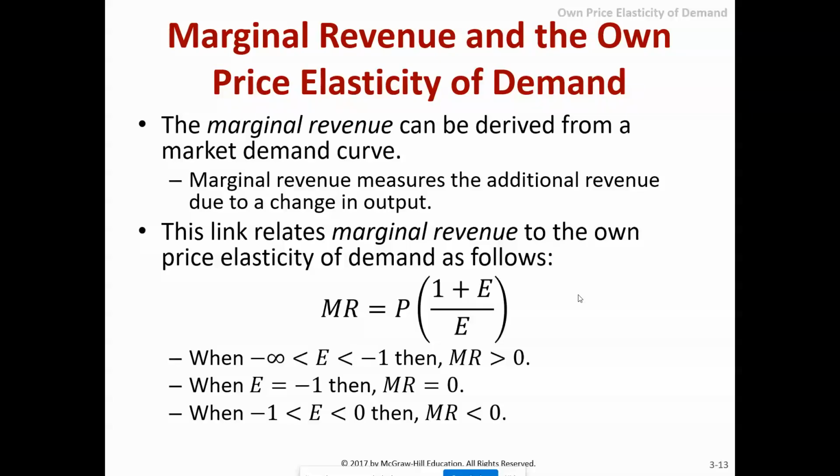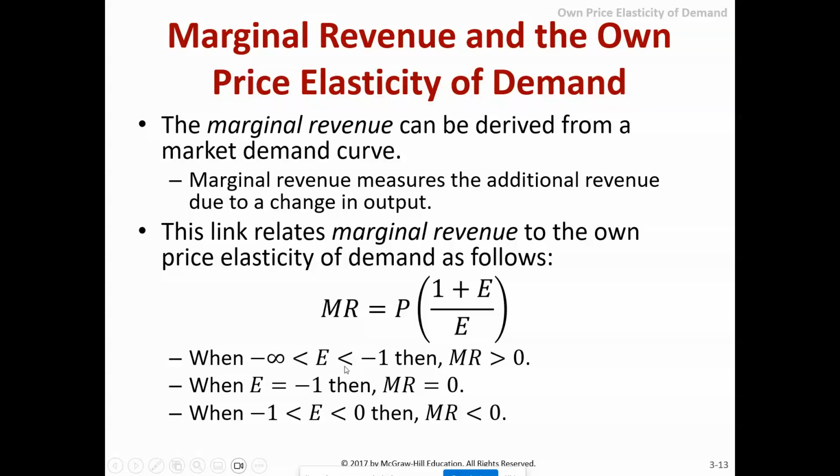And the relationship between marginal revenue and own price elasticity of demand is as follows. Marginal revenue equals price multiplied by a ratio. The numerator is 1 plus the own price elasticity of demand, which obviously is negative, and the denominator is the own price elasticity of demand, which is negative. Now the sign matters.